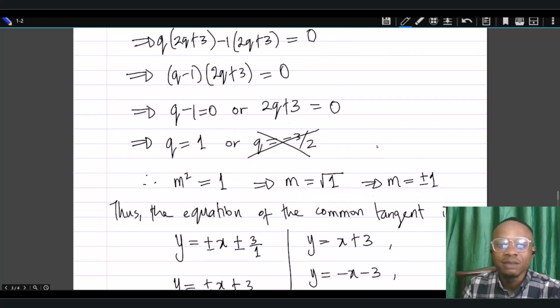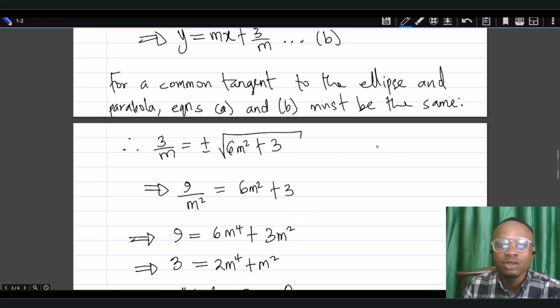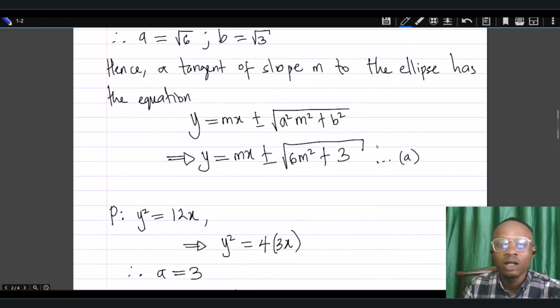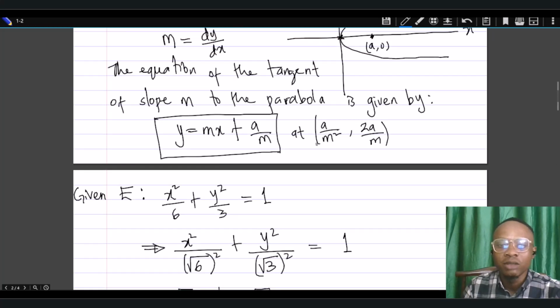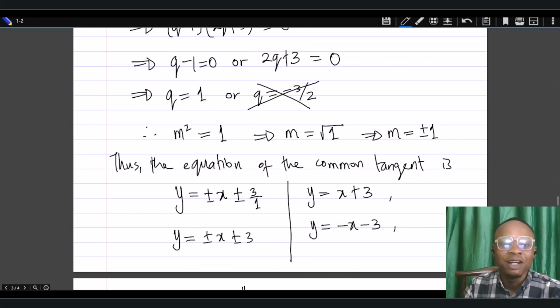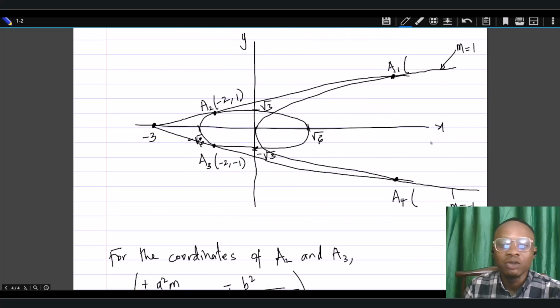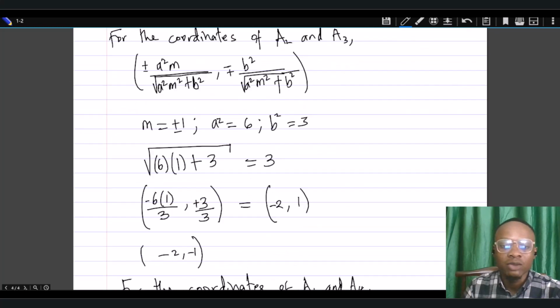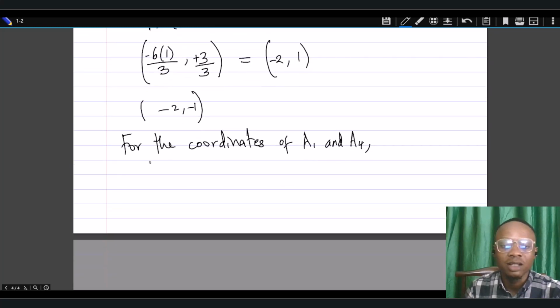We'll have this expression up here, a over m squared comma 2a over m. So we know that for each line we have the gradient up here to be m equal to 1, this one to be m equal to minus 1. So we're going to make use of that here. Our coordinate is a over m squared comma 2a over m, and we know that m is equal to plus or minus 1.